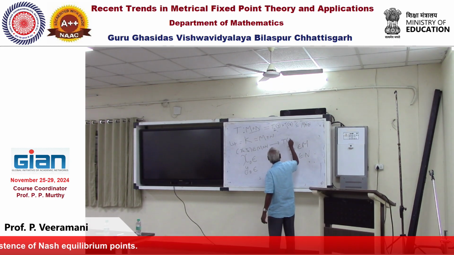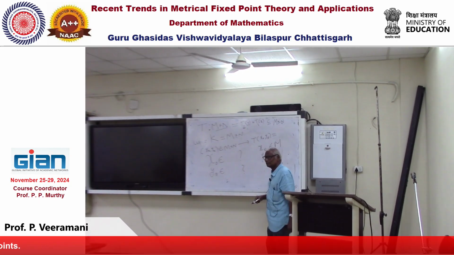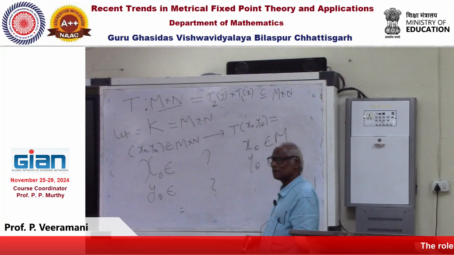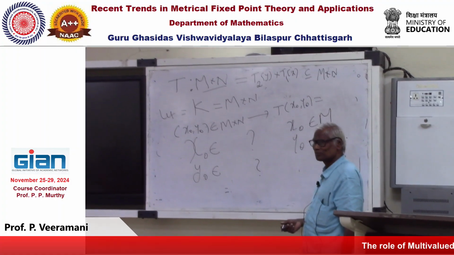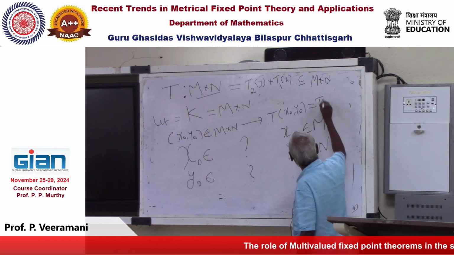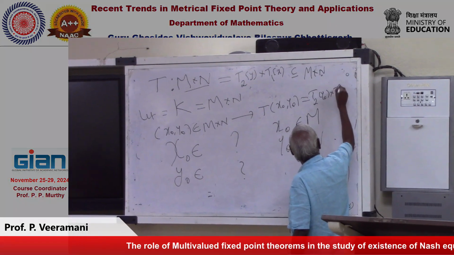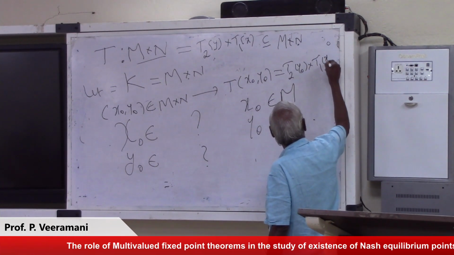T of x naught, y naught. What is T of x naught, y naught, by our definition? Very good. T2 of y naught cross T1 of x naught.